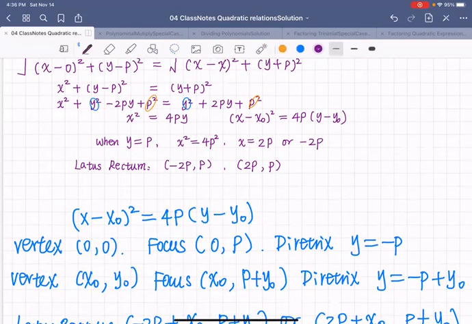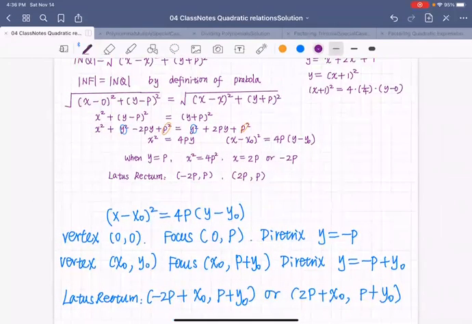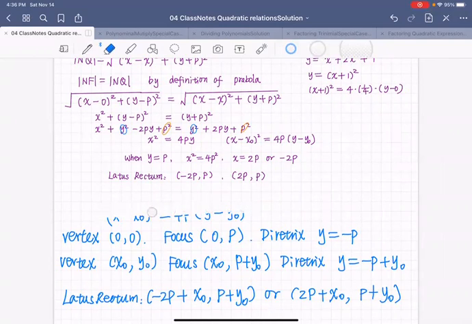For the simplest case, let me summarize this. When the center is at 0, 0, that is x squared equals 4py.